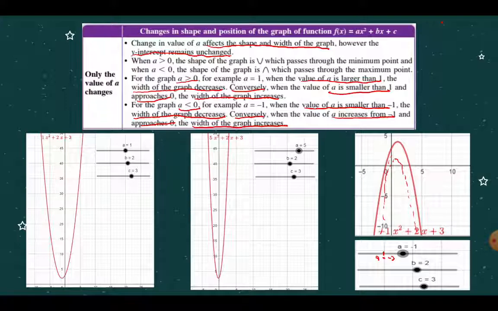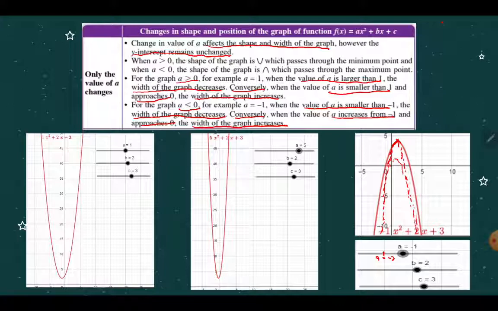So basically the y-intercept is the same. It's just that the width of it is smaller. More or less like this.